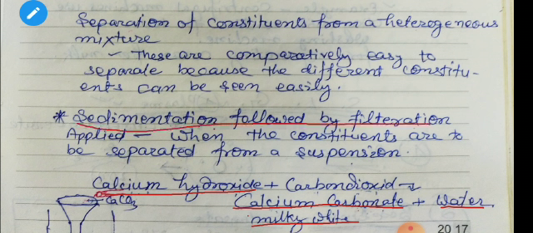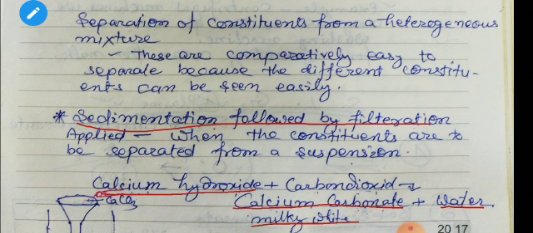So here, how can we separate it? The suspension is allowed to remain undisturbed for some time in a beaker or any other container, so its particles settle down under the influence of gravity.